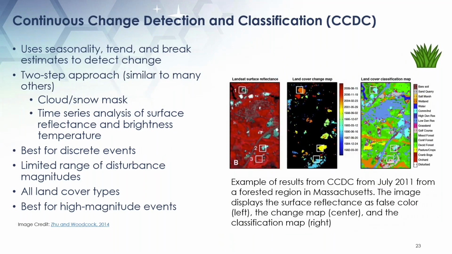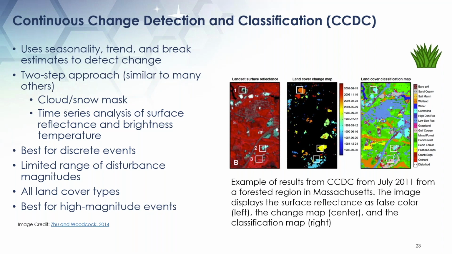And finally, the final method that we will discuss is the continuous change detection and classification. So this focuses on multi-year data of phenology using a model that includes seasonality, trends, and high magnitude events. As with many of the other algorithms, it also has a process for removing clouds.